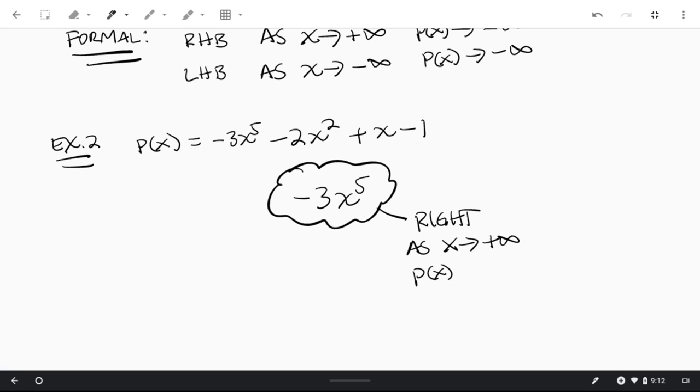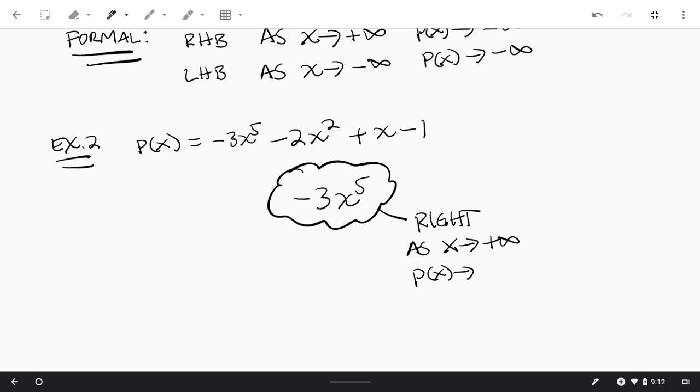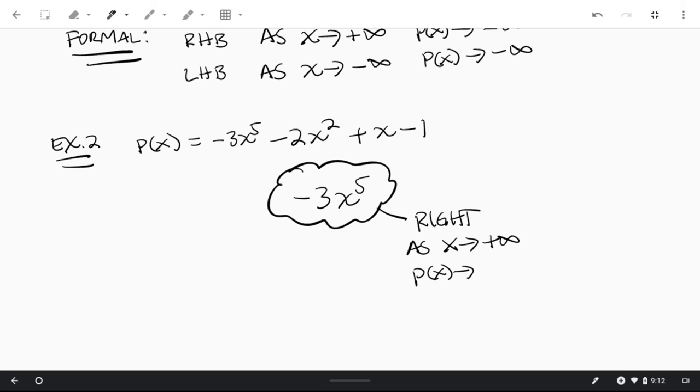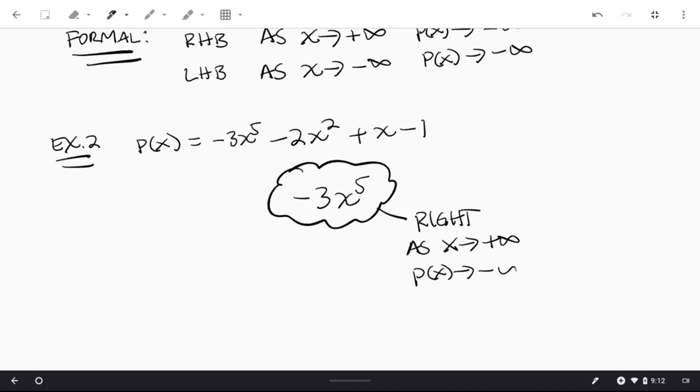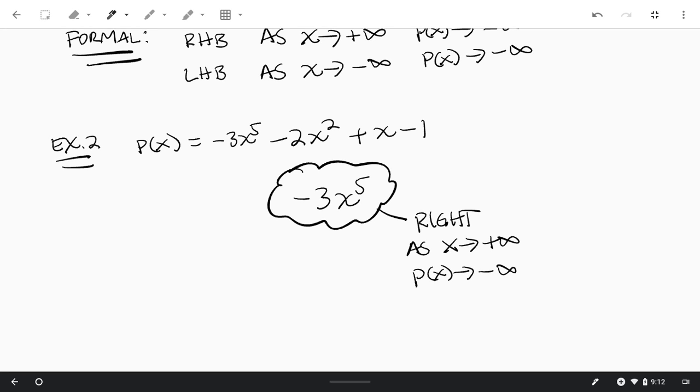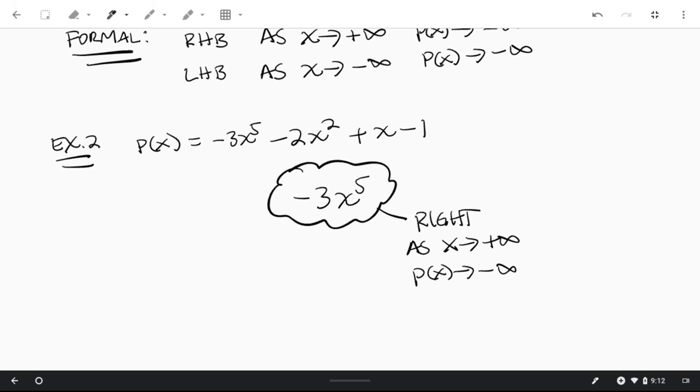My polynomial becomes negative or positive? You should have said negative, because when you plug in a very positive number and raise it to the fifth power, you get a positive result, and then times negative 3 will give you negative.